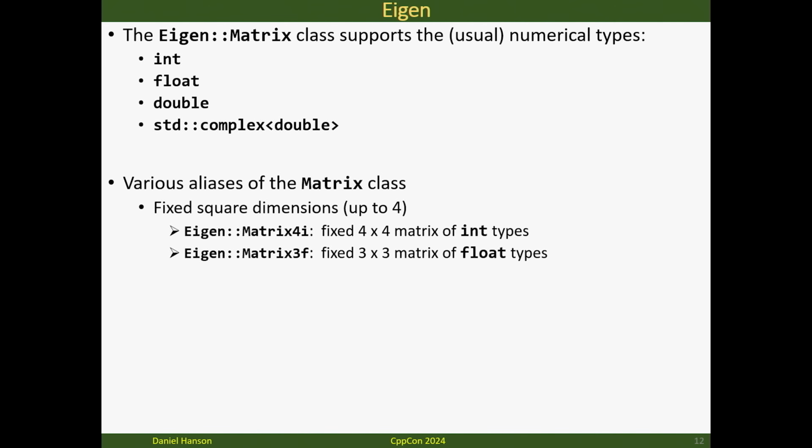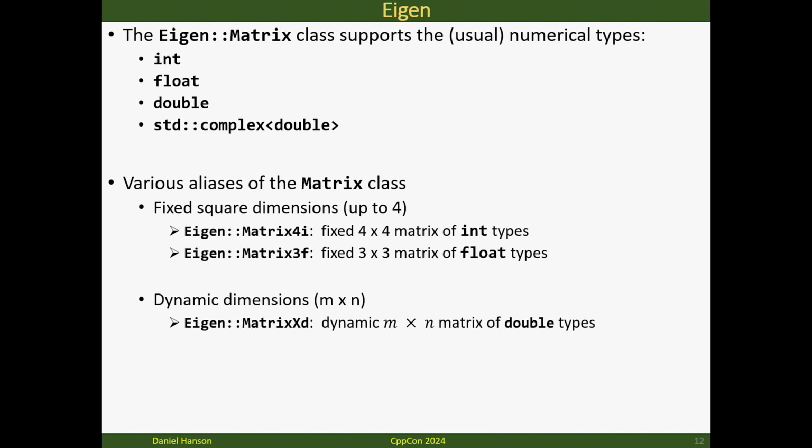Now, for most of us, though, these fixed dimension matrices aren't going to help us a whole lot, right? Because most of the time we're not going to know how many rows or columns we're going to have in our matrix. So Eigen also provides an alias for dynamic dimensions, and in particular, a matrix XD, which is a dynamic m by n matrix of double types.